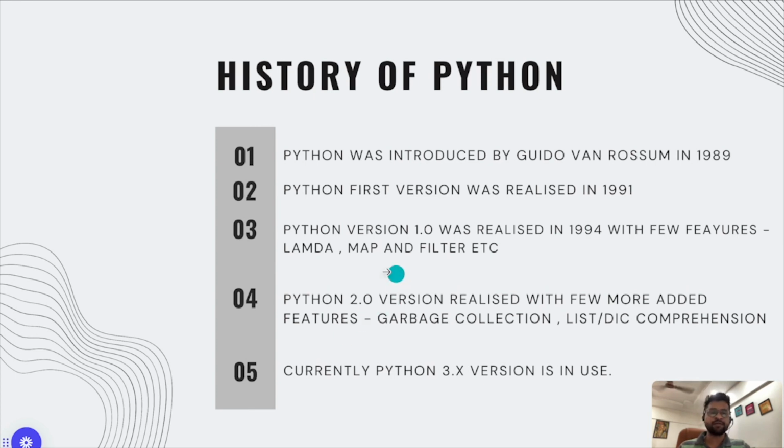We will learn about it in our upcoming sessions and classes. Then Python 2.0 was released with a few additional features, and currently we are using the 3.x version. We are going to use the 3.x version in our classes as well.